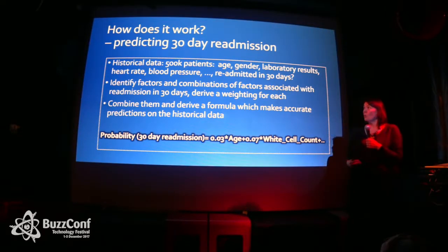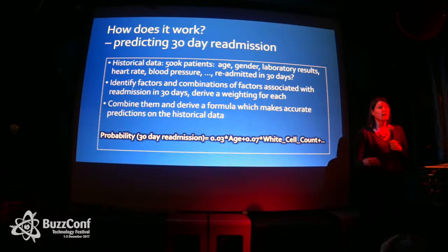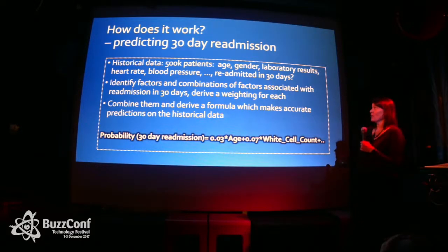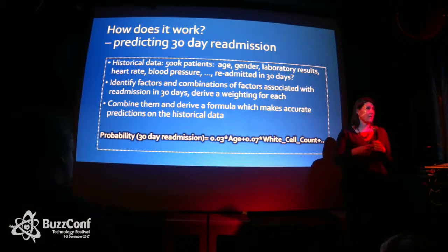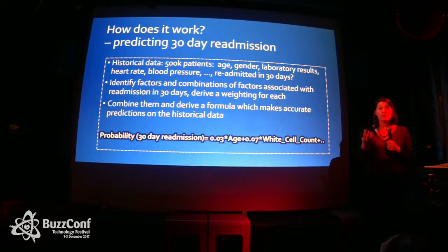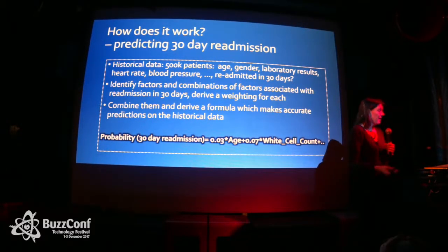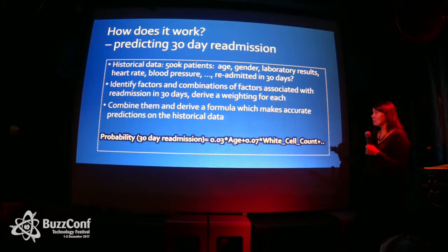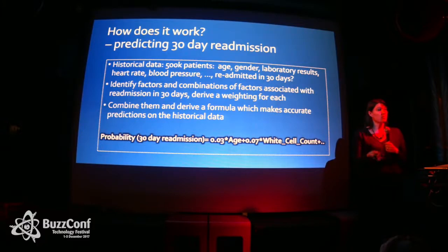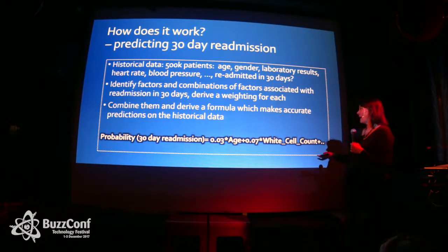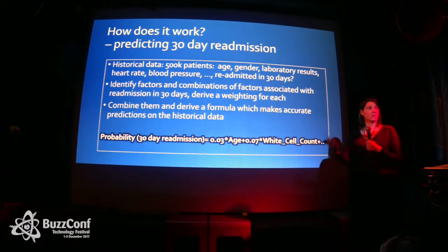Once we have that basic data, we can run it through a machine learning algorithm which will effectively try to identify the combinations of factors that are predictive of that 30-day readmission. What we're doing is essentially deriving a formula which weights those different factors and all together gives us a probability of that 30-day readmission.